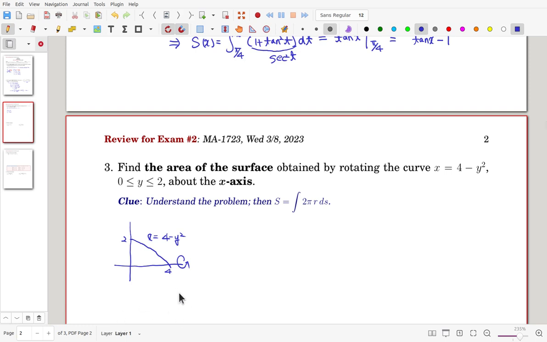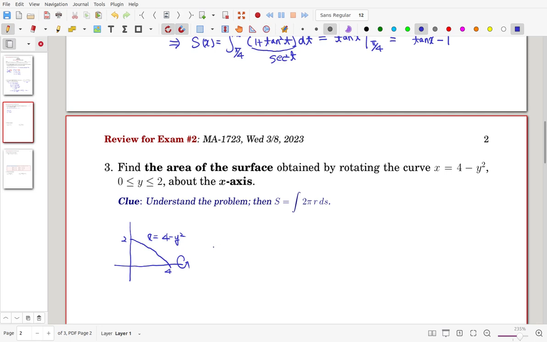For this problem, you can do either x integration or y integration, and here the y value is given, and then x is expressed as a function of y, so that y integration may be easier.